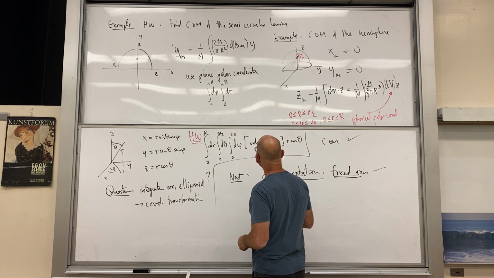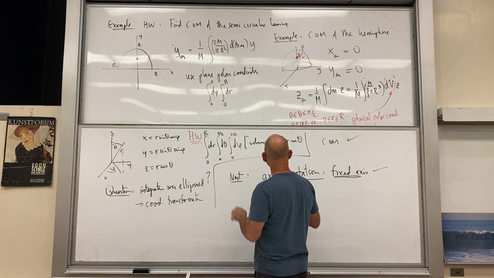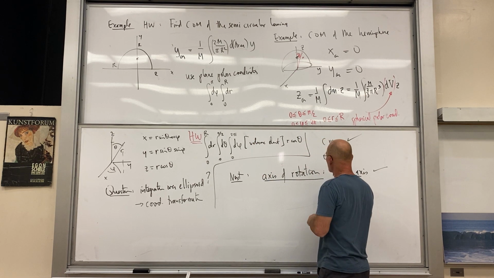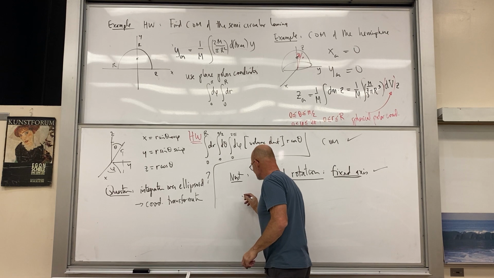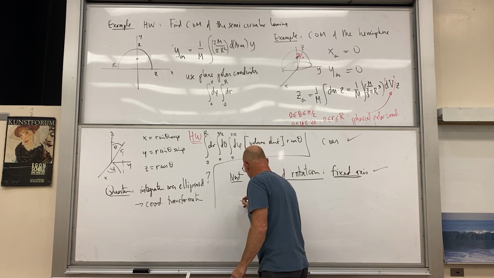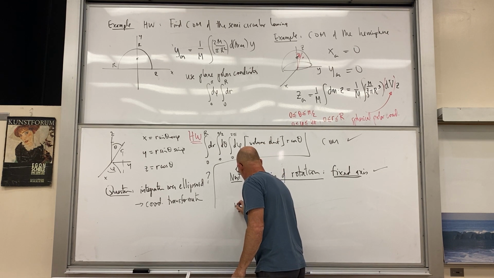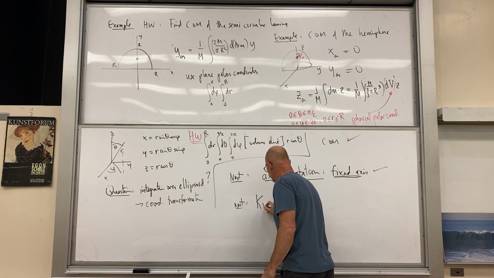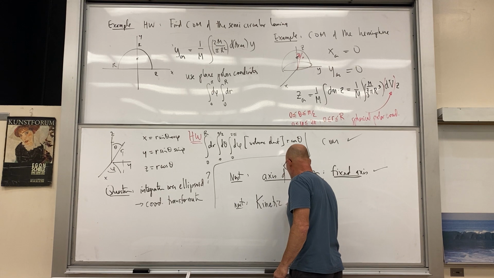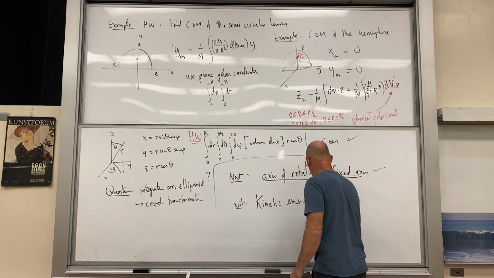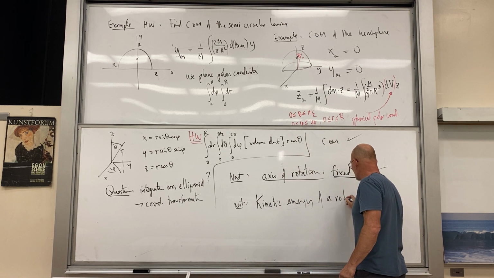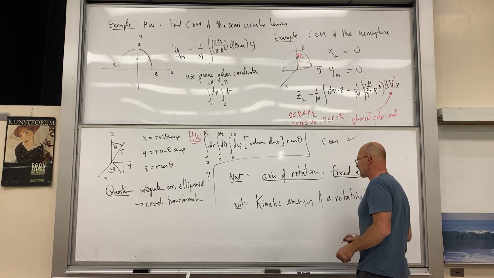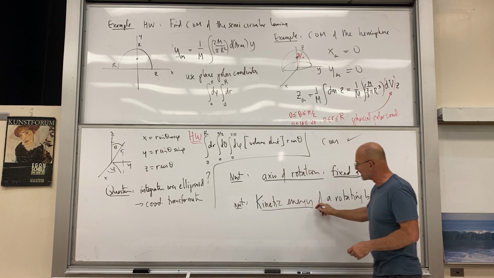So now we're going to get into some dynamical quantities. We have the center of mass. We're going to have the axis of rotation. So next what we want is kinetic energy of a rotating body. Kinetic energy of a rotating body.